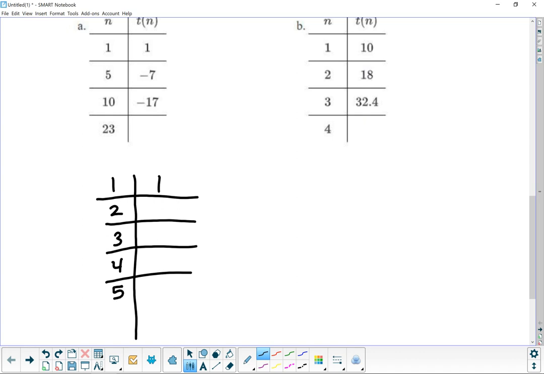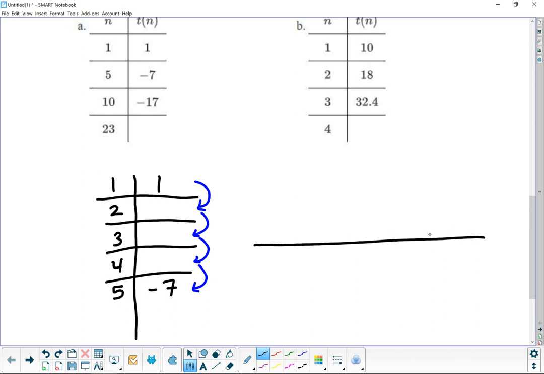So I'm going to see if I can figure out this pattern here. And 5 is -7. So what should I do to 1 to get to the next number, and then do it to that to get the next number, and do it there to get the next number, and then finally do the same thing, and I'll get -7, right? Let's draw a quick number line for this.